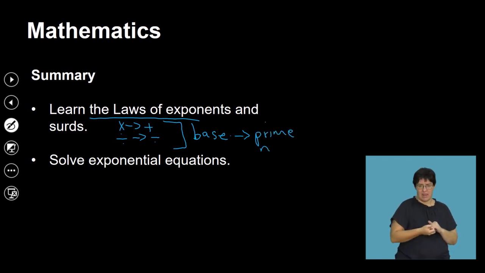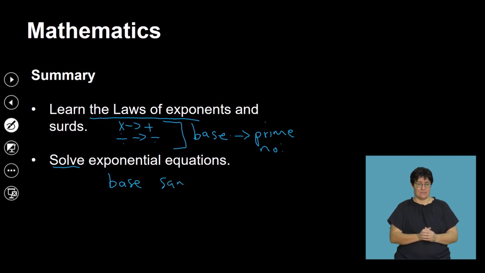Try by all means to make them prime numbers, because then that makes it easier for you to work them out. And then also, please go back and revise how to solve exponential equations by doing what? Making the bases the same, right? And then if that is the case, the conclusion will be the exponents are also the same. That's the exponential equations, and that's the main thing there.